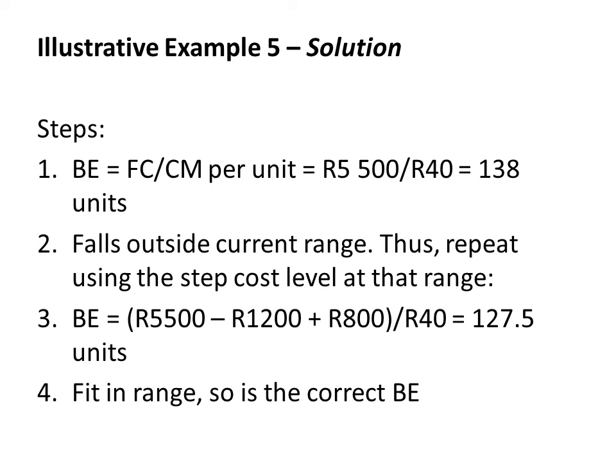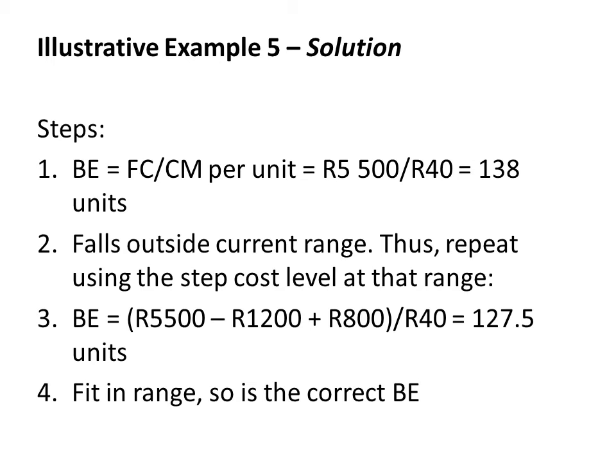Now remember, included in this fixed cost of 5,500 is 1,200 for the range of 200 to 250 units. So we have to deduct that from the 5,500. Then we have to include the step cost in the range where our break-even of 138 is. That's 100 to 150 units, 800 Rand.